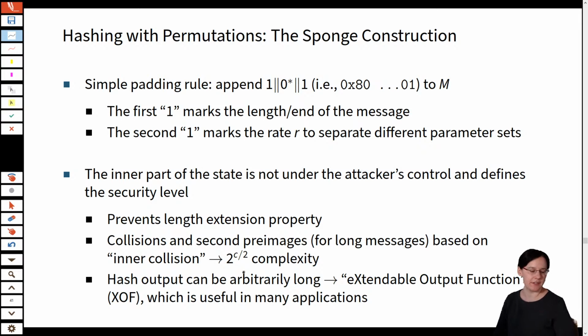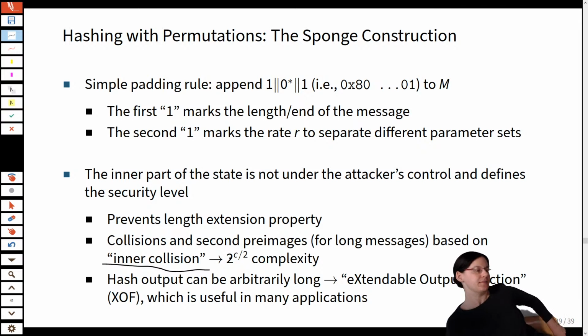And this is relevant here because if I find such an inner collision in the inner part of the sponge, I can not only construct a collision for the final hash function, but I can also build second pre-images with the same complexity. So in order to make second pre-images as hard as they should be generically, I would have to make the inner part not twice the security level, but 4 times the security level. Because second pre-images in this view should be twice as hard as collisions.